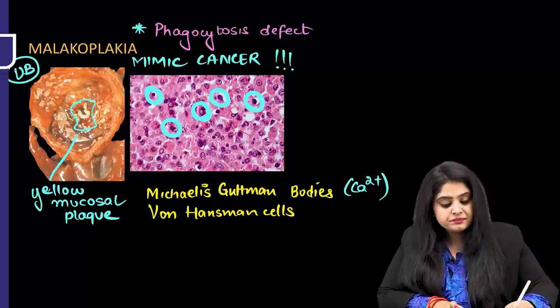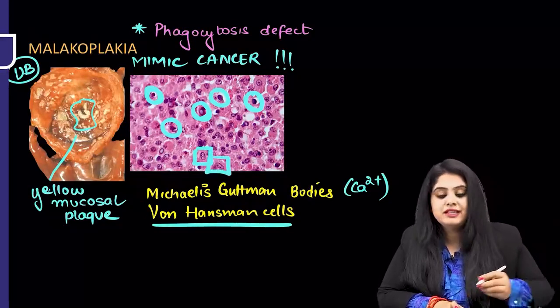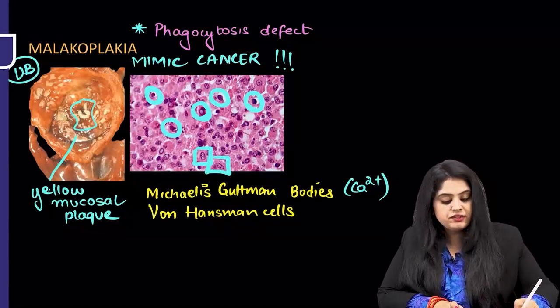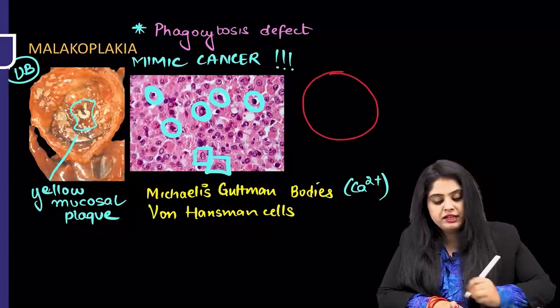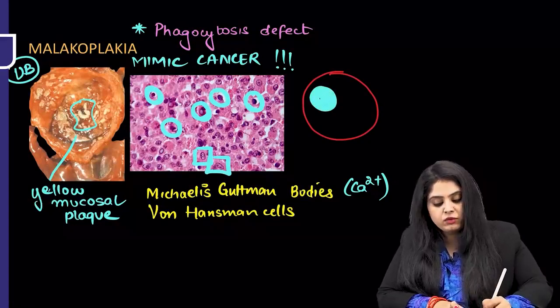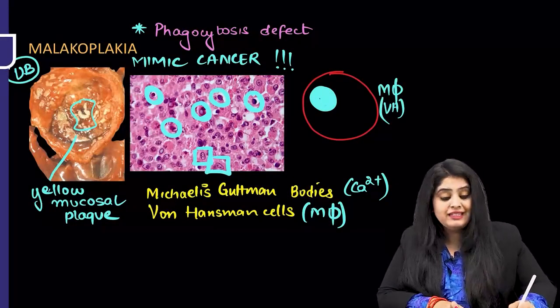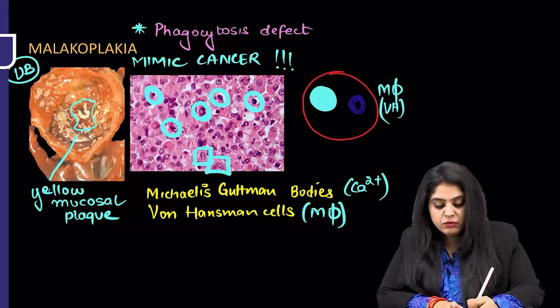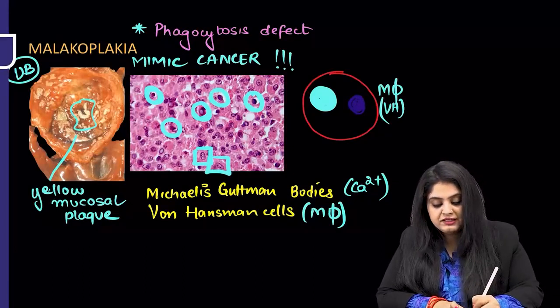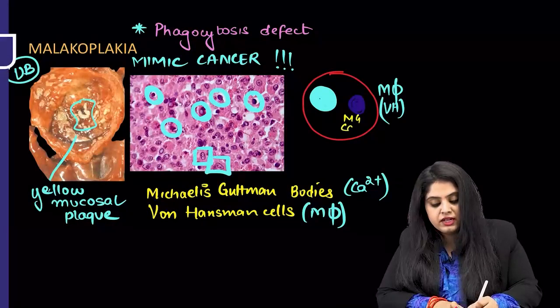What else? We see cells also. What are those cells? They are known as the von Hansemann cell, named after the scientist. If I draw the cell, this is a von Hansemann cell. This is nothing but a macrophage. So we'll write it as von Hansemann cell, and inside this cell you are seeing the blue color calcium, which are the Michaelis Gutmann bodies, nothing but calcium.